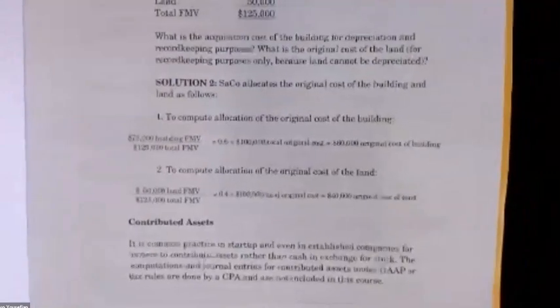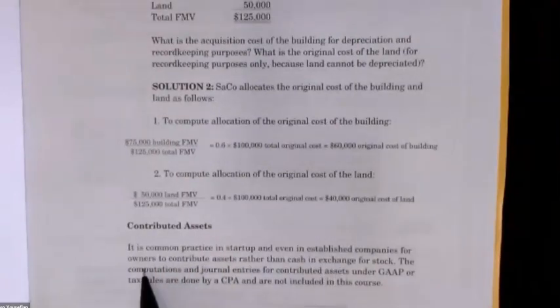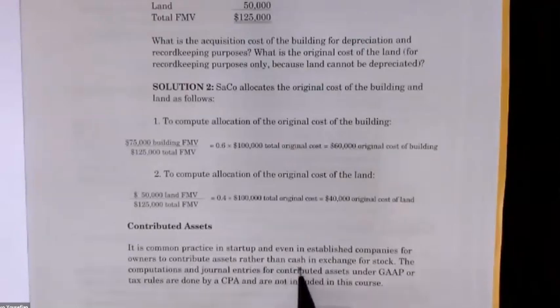Let's look at this bottom. It says contributed asset. It's common practice in startups and even in established companies for owners to contribute assets rather than cash in exchange for stock. The computation and journal entries for contributed assets under GAAP or tax rules are done by a CPA and are not included in this course.